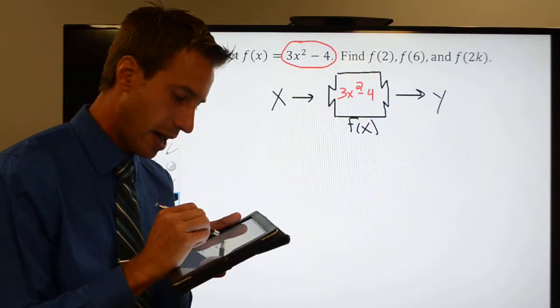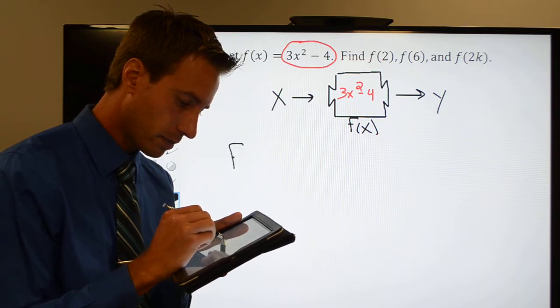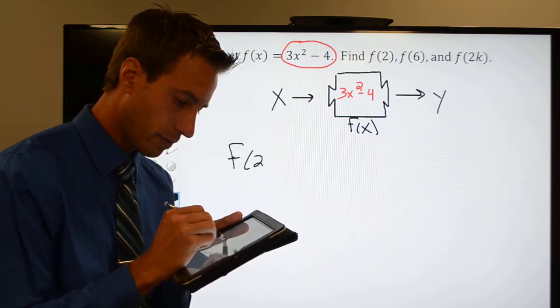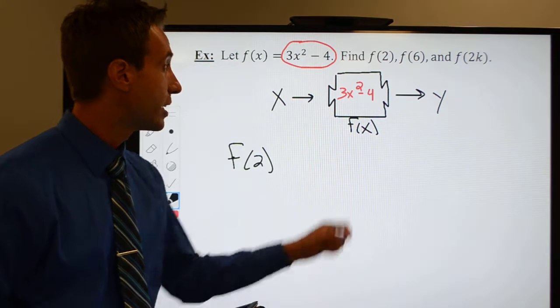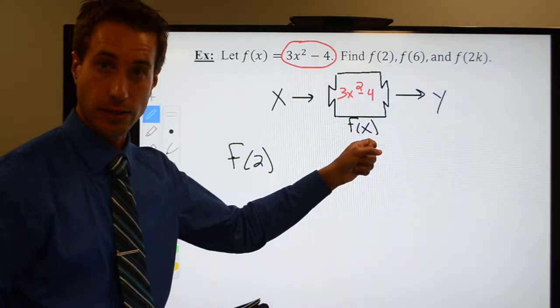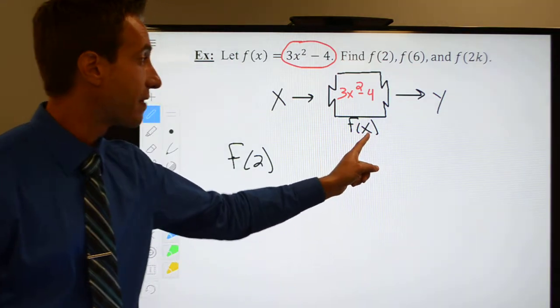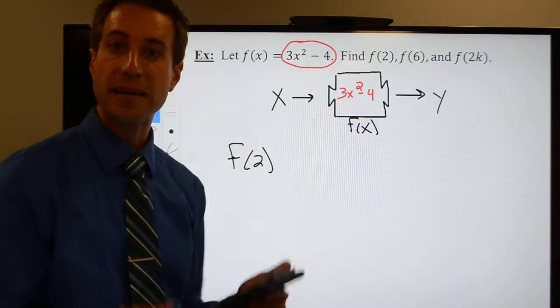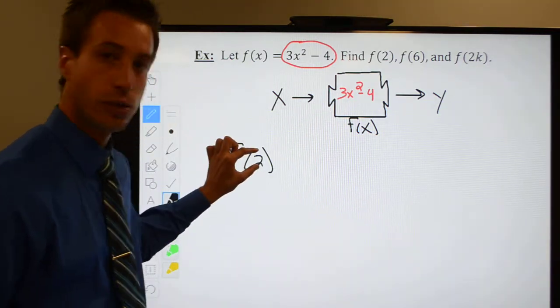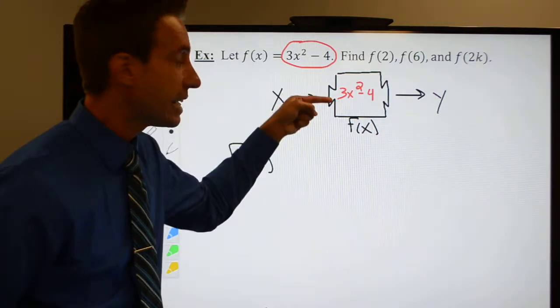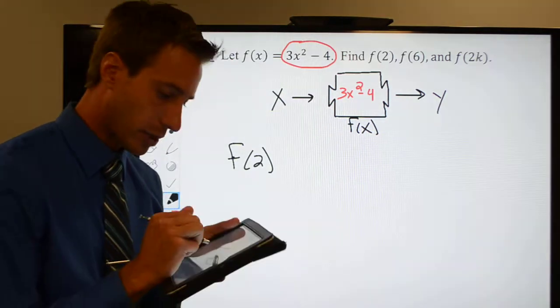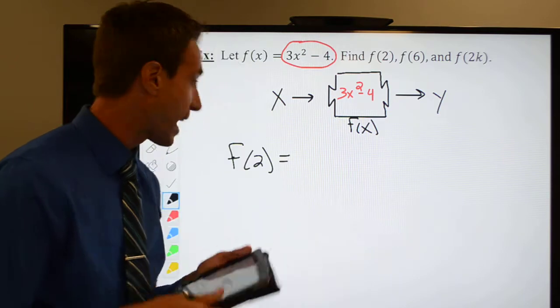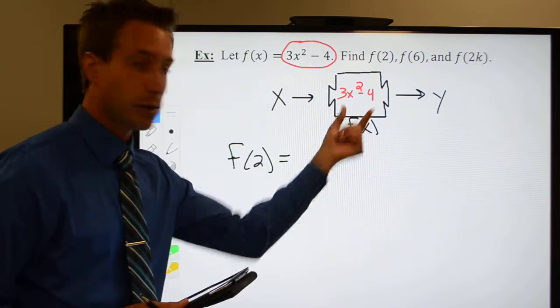They want you to do f of 2. Well, since my function is f of x, I no longer have an x in the parentheses. I now have a 2 in parentheses. What that means is they want you to take this 2 and put it into the machine. So I'm going to plug a 2 into my function.